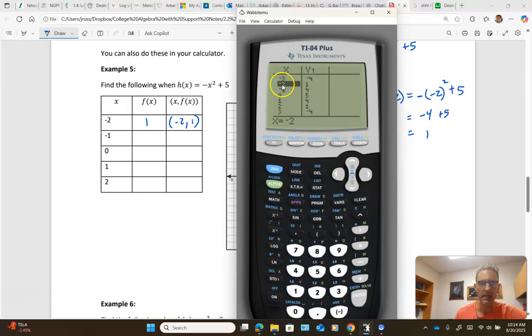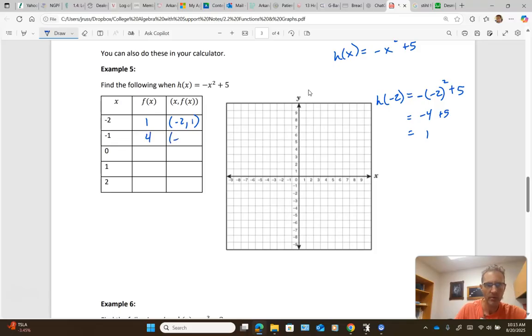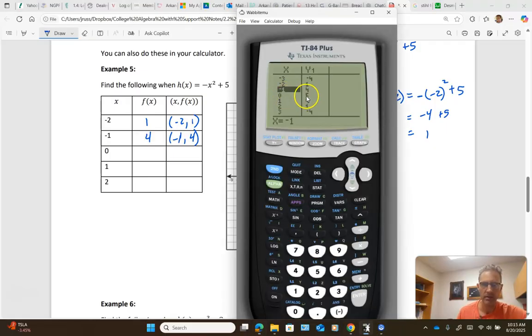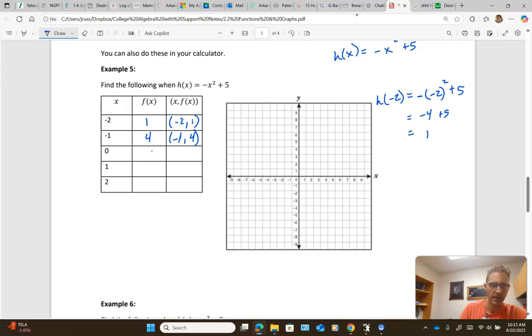Alright, so you can see negative 2 comma 1 is confirmed. Now when x is negative 1, the value of the function is 4. Remember the value of the function is the same as the y coordinate. And then we get these others. These other outputs are going to be 5, 4, and 1. So I'll just copy these down. Okay. 0, 5, 1, 4, and 2, 1.